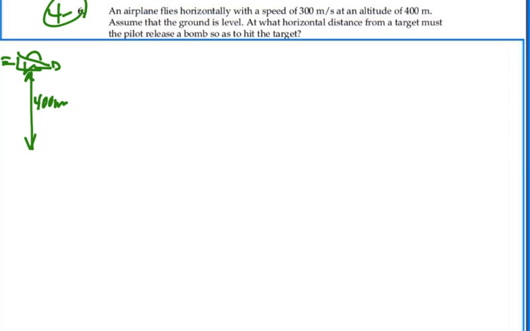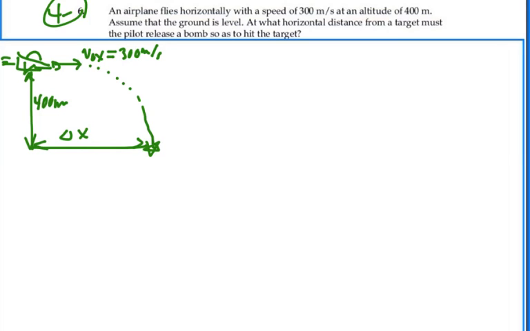So since the airplane is moving horizontally, that will be the initial velocity of the bomb horizontally at 300 meters per second. And then it's going to follow projectile motion and hit the ground, so it'll hit at some point, and that will be where the target should be. So we want to calculate the displacement to that point.